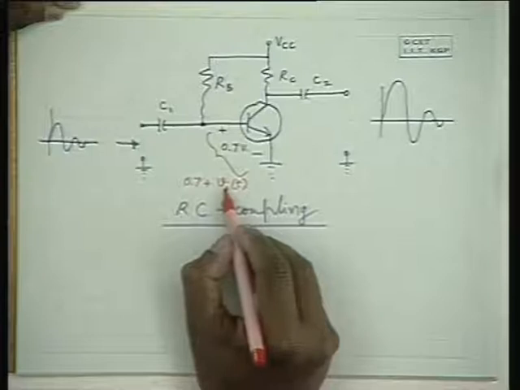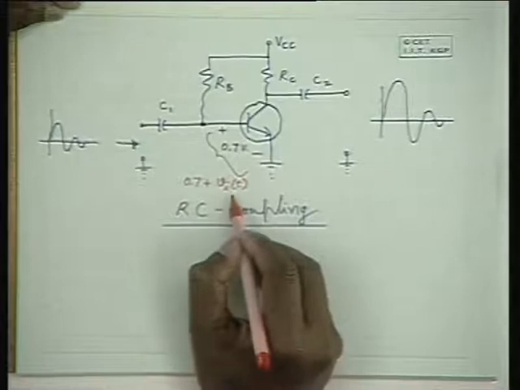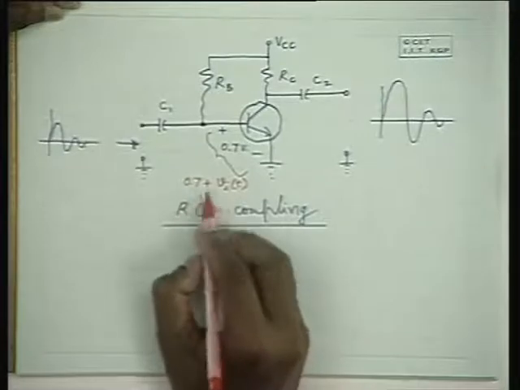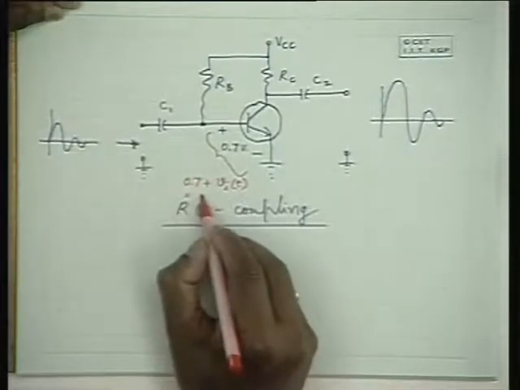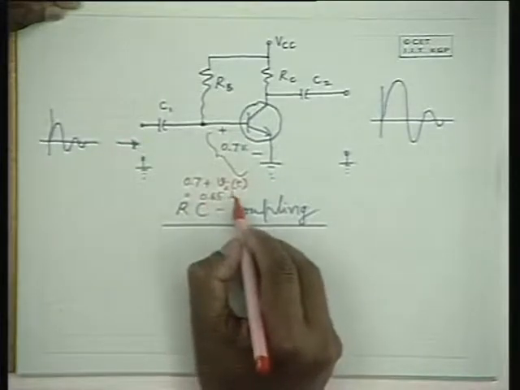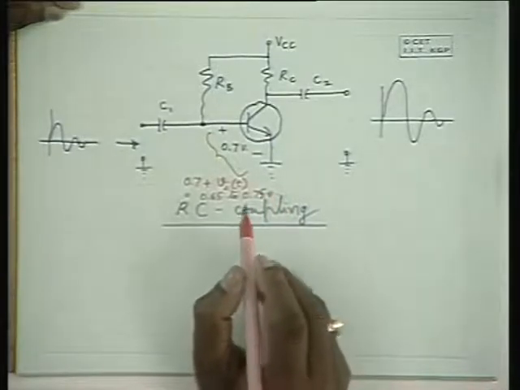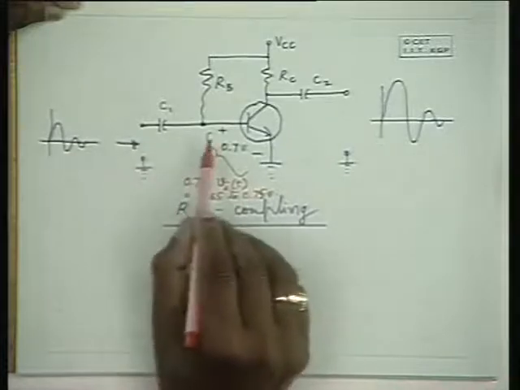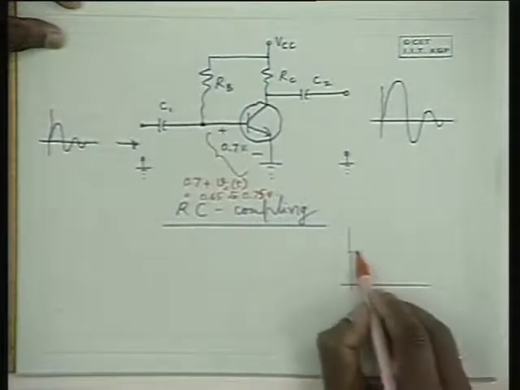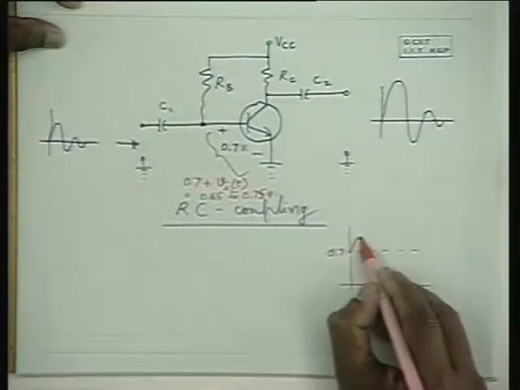If this alternating voltage has some variation of about plus or minus 50 microvolts, then this voltage will be changing between 0.65 volts to 0.75 volts. So this is how we want to add this alternating signal to this. So that means the base to emitter potential has a mean value of 0.7 volts, and above that, the variation is like this.